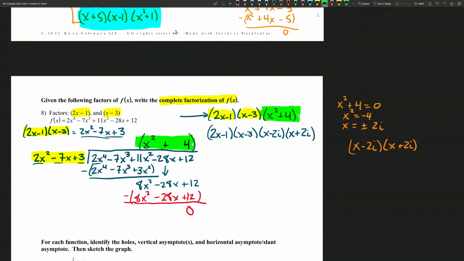We could split it up into two things though, which is x minus 2i times x plus 2i, from x squared plus 4. You should really know that already, but I'm kind of making it more complete, I guess. So the stuff that I have highlighted with the arrow next to it, that's fine. So this stuff. So a little bit less than the problem above it.